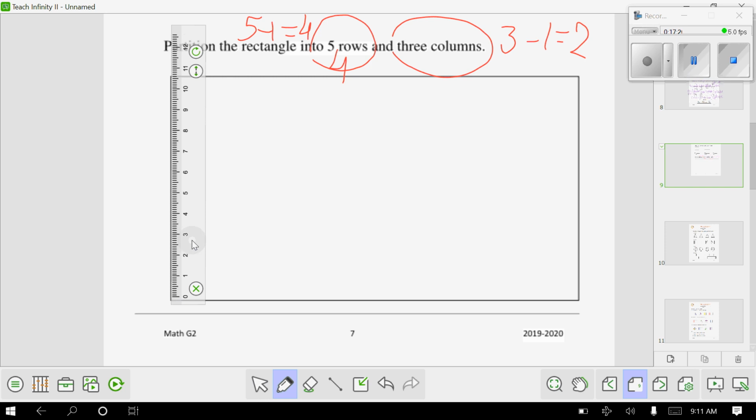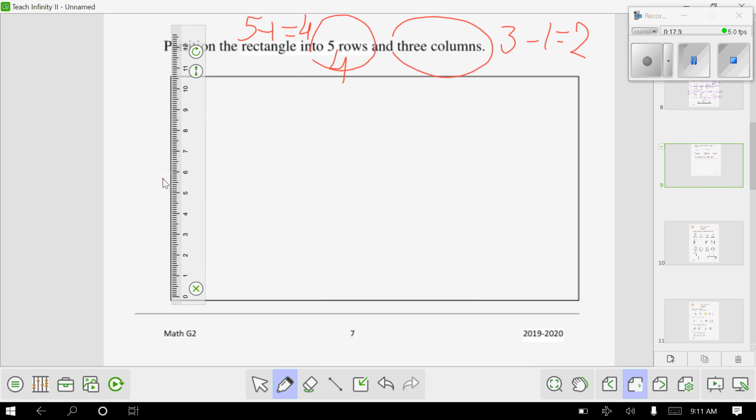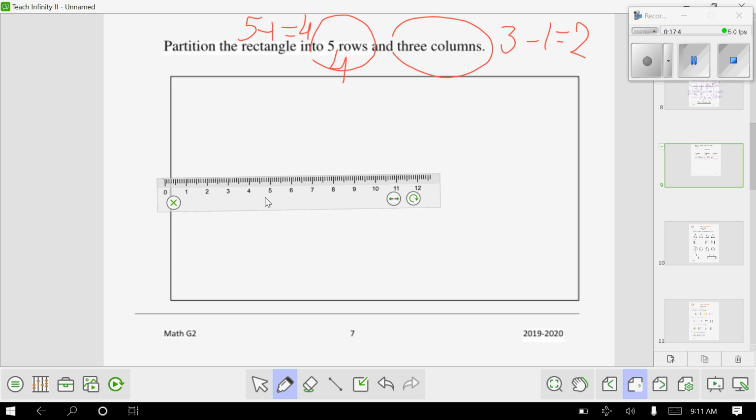And I see here I have about 10. And I want to make first 4. Here is the first one. Half of 10 is about 5 here. And I will draw the first one.